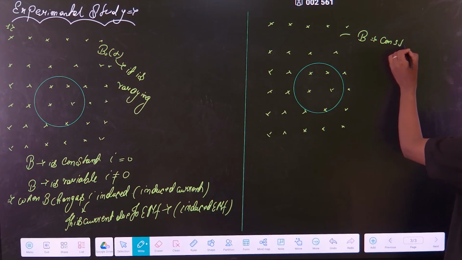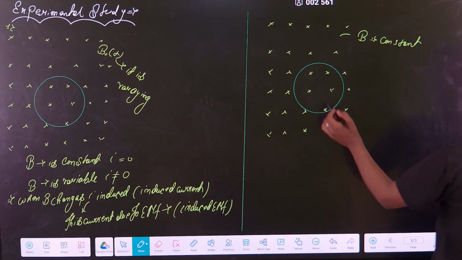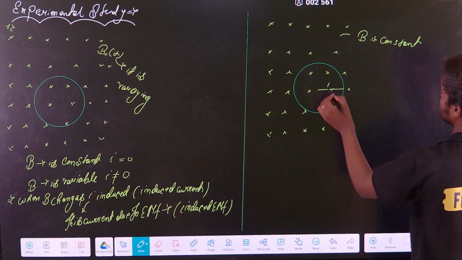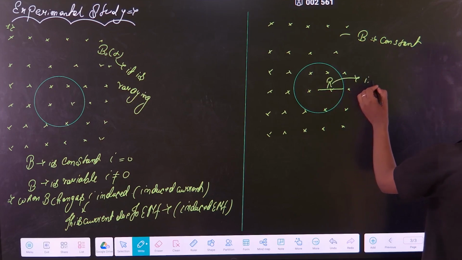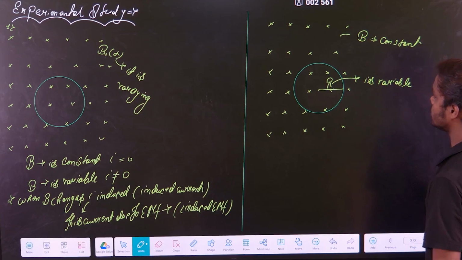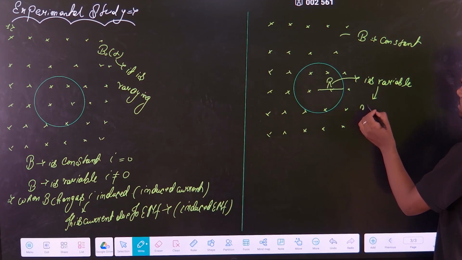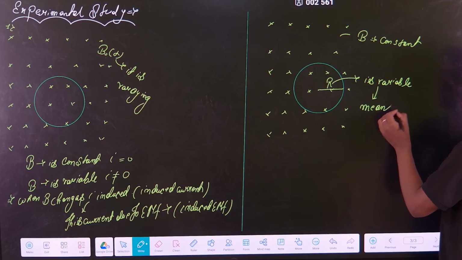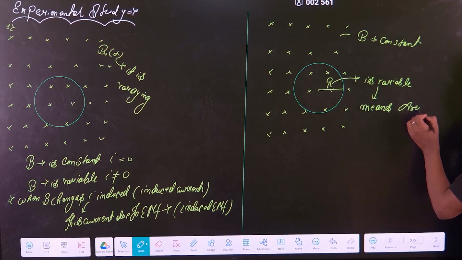The B is constant here, and suppose this is my radius R, so R is variable, means R is changing. What is changing? Area is changing.